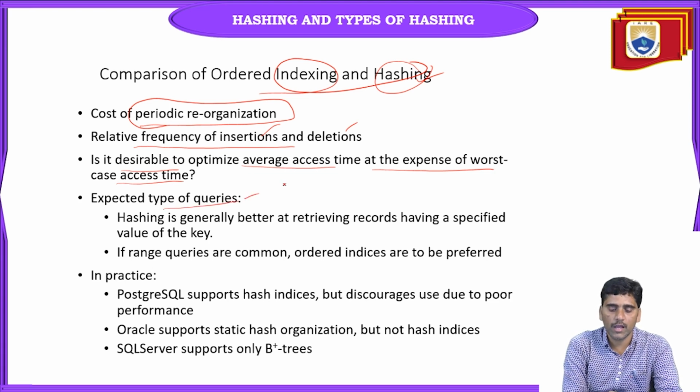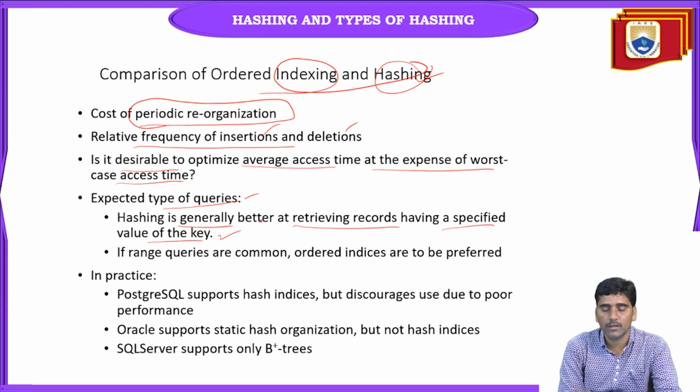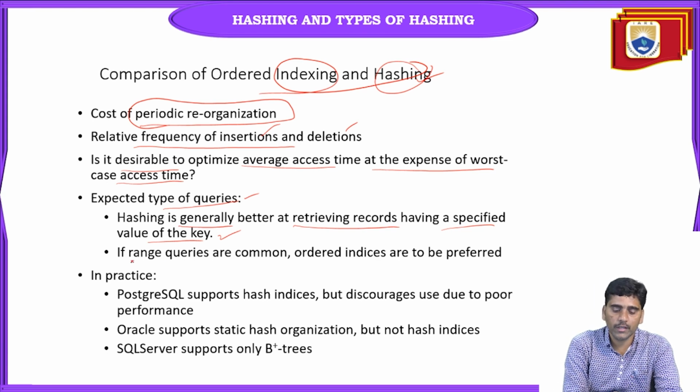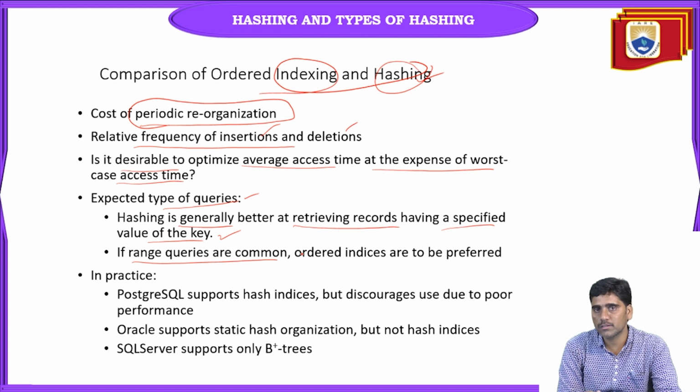Hashing is generally better at retrieving records having a specified value of the key. If range queries are common, ordered indices are to be preferred.